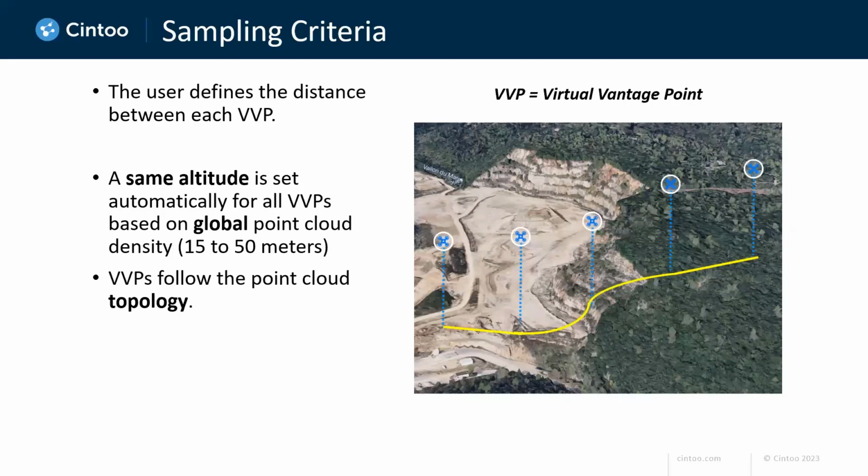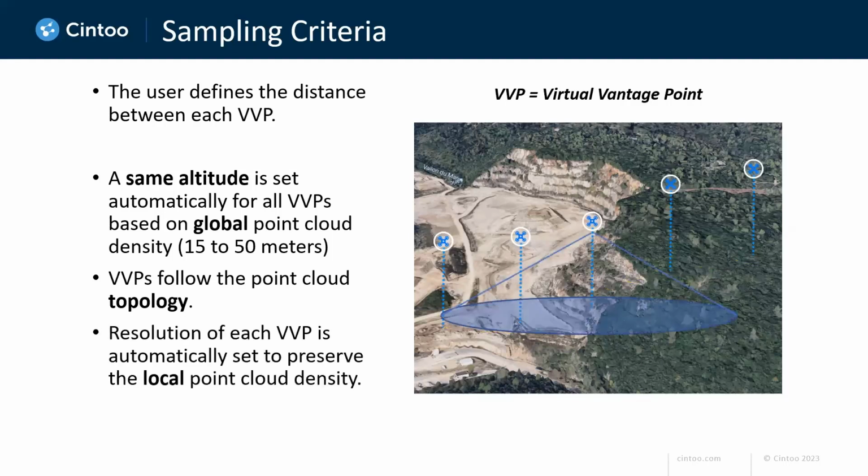So for example, you may have a case where you have vantage points above a parking lot and other vantage points above the building. So there will be always the same altitude from the parking lot or from the rooftop. And the resolution then of each VVP will vary based on local point cloud density. So we do a pretty clever job. Again, this is all automatic to turn that into very interesting virtual vantage points that you can navigate.